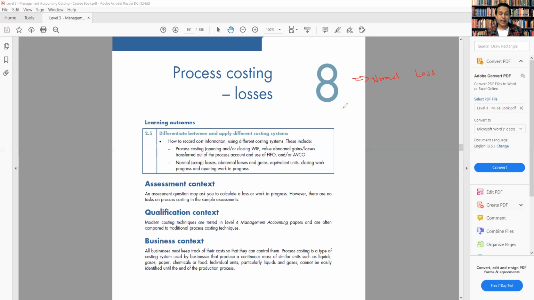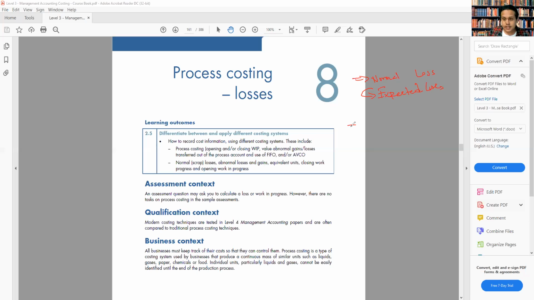If it is expected, if we know it already, that is called normal loss. The loss we already know is called normal loss. So normal loss means expected loss, the loss I'm expecting during the process.